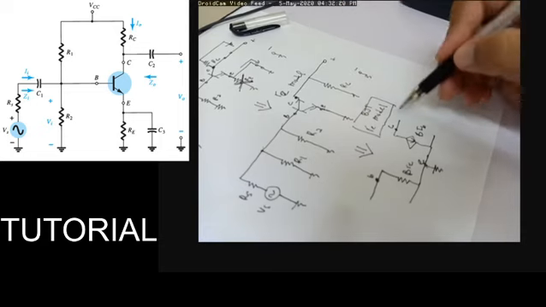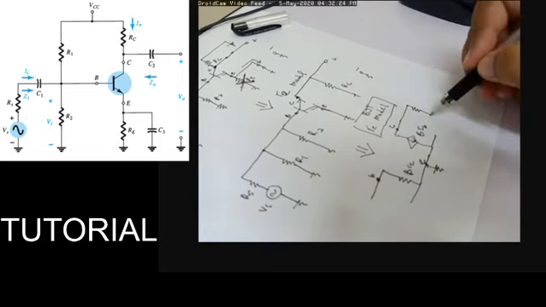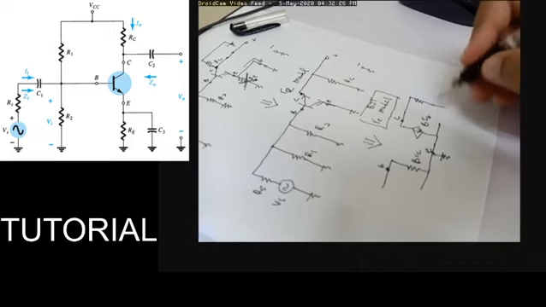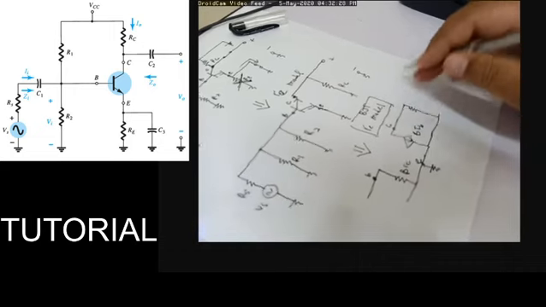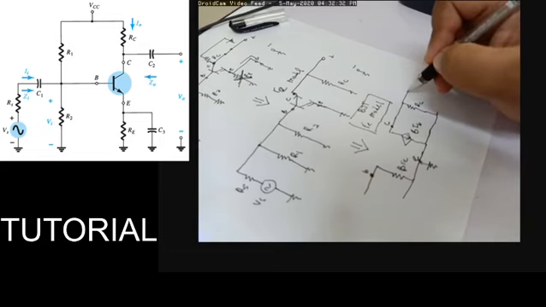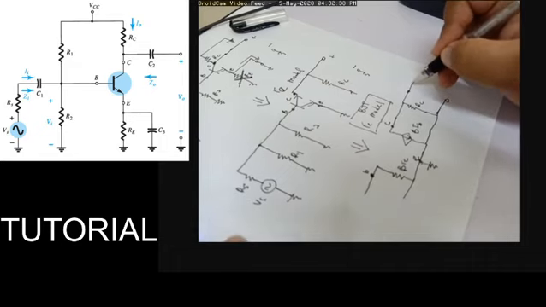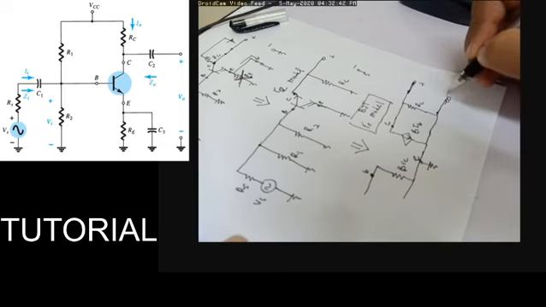So the collector is connected to RC, and this is ground, so we just connect to the ground here. This is our RC, and this is our output. We expand here, positive, negative.